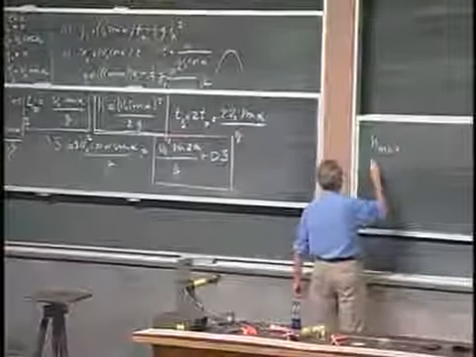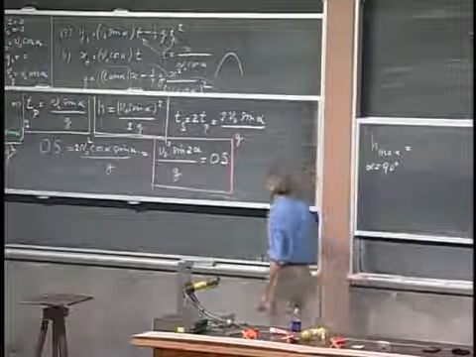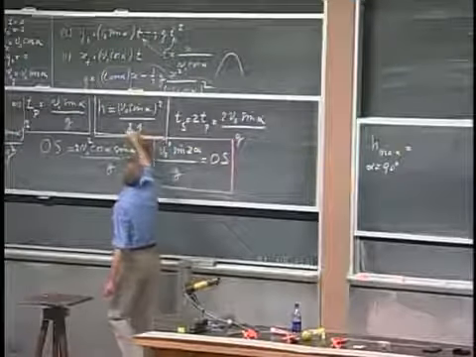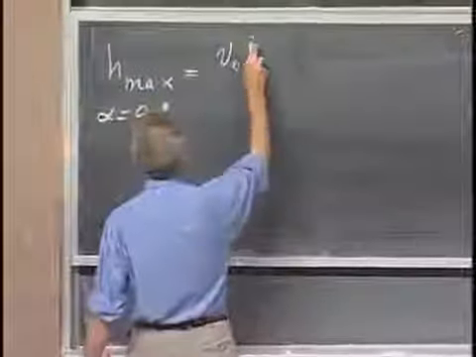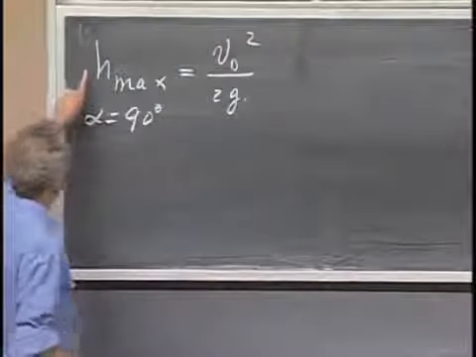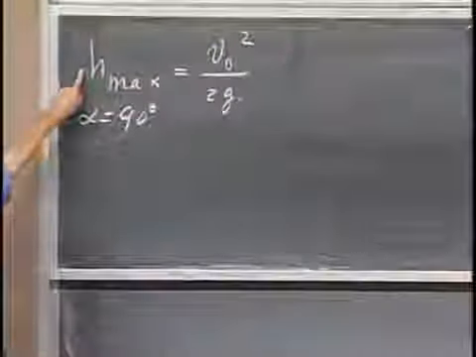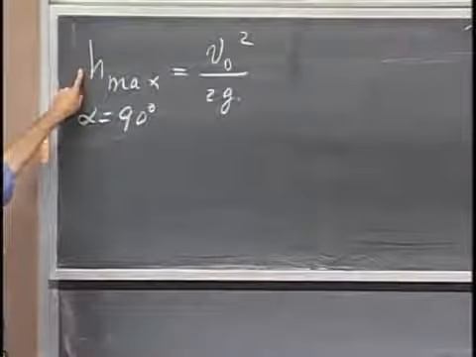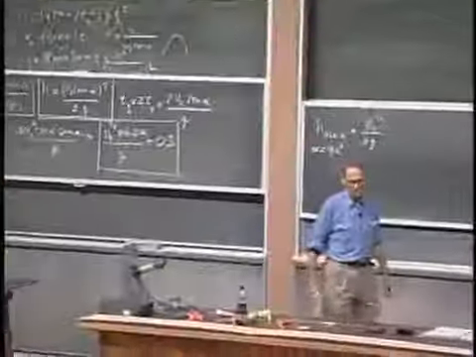So when alpha equals 90 degrees, then the sine of alpha is 1, then the height is V0 squared divided by 2g. In other words, if I measure the height, if I shoot it up vertically, and you can measure that for me, then we can calculate V0 squared.